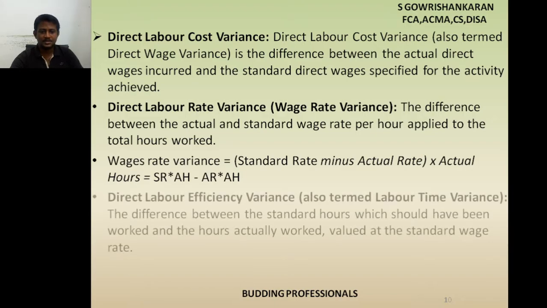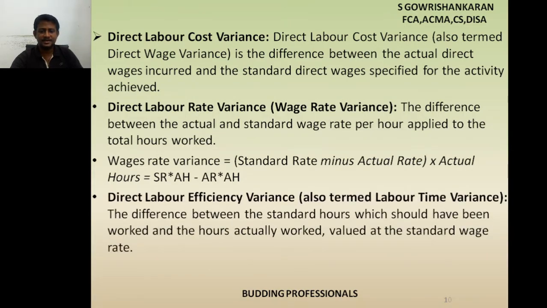Okay, what is the next thing? Labor efficiency variance is also termed as labor time variance. What is the meaning of efficiency? Efficiency is related to hours. As per standard, how many hours should you have used, but actually how many hours did he use?